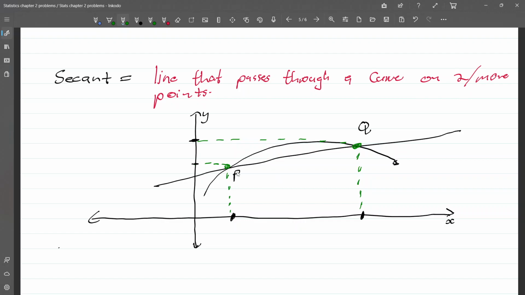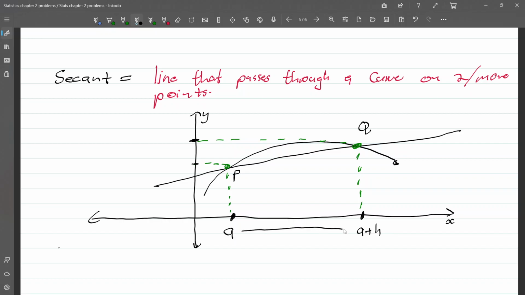So now we have point P and point Q on our Cartesian plane. I just need to write the coordinates. Let's just say the x value here is a, then here is a plus h.